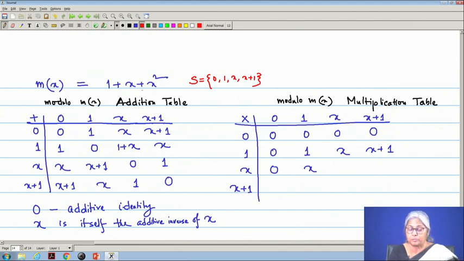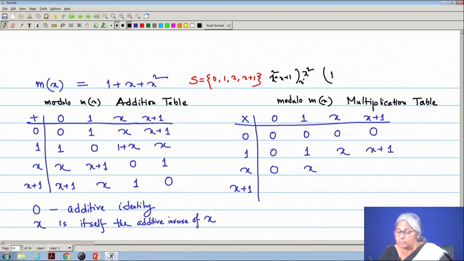So, I have to divide x square by the polynomial x square plus x plus 1 mx, and if I do that, I will be getting 1, and this becomes x square plus x plus 1. So, the remainder is x plus 1.